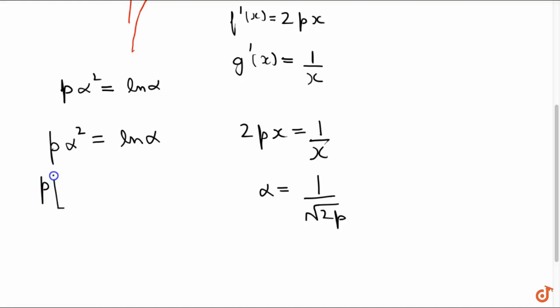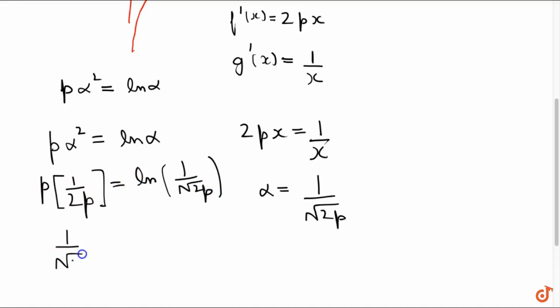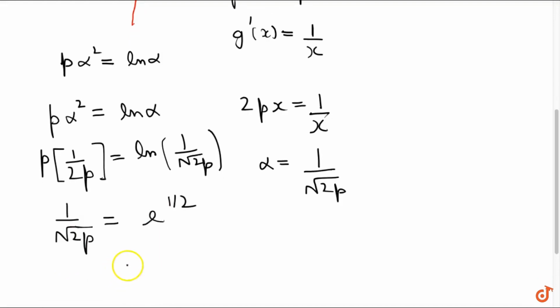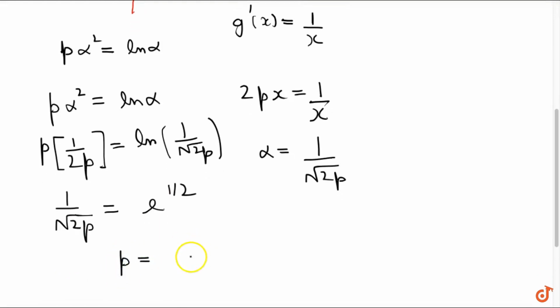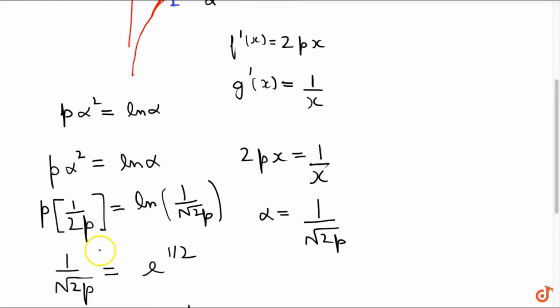We get p times 1 by 2p is equal to ln 1 by root 2p, and this p gets cancelled, so we get 1 by root 2p is equal to e to the power 1 by 2, or now we can square and we get the value of p to be equal to 1 by 2e. So this is the only positive value for which we can get the situation we want.